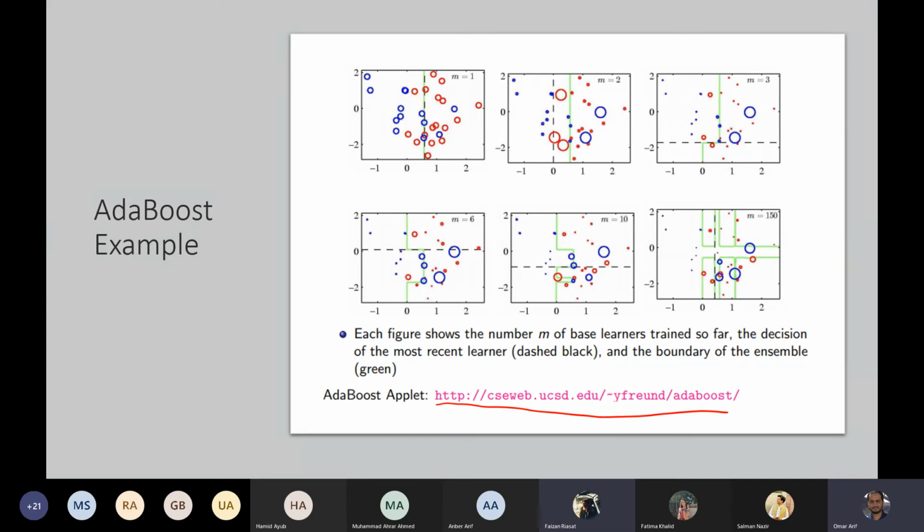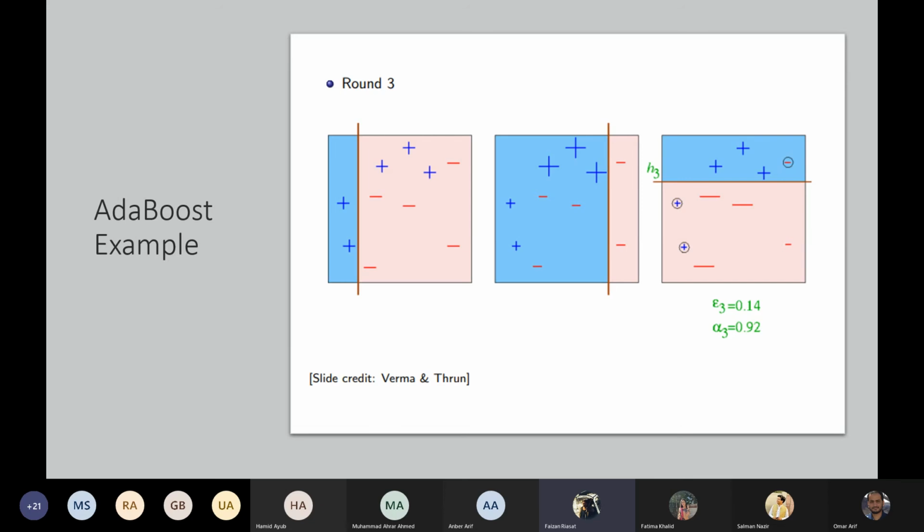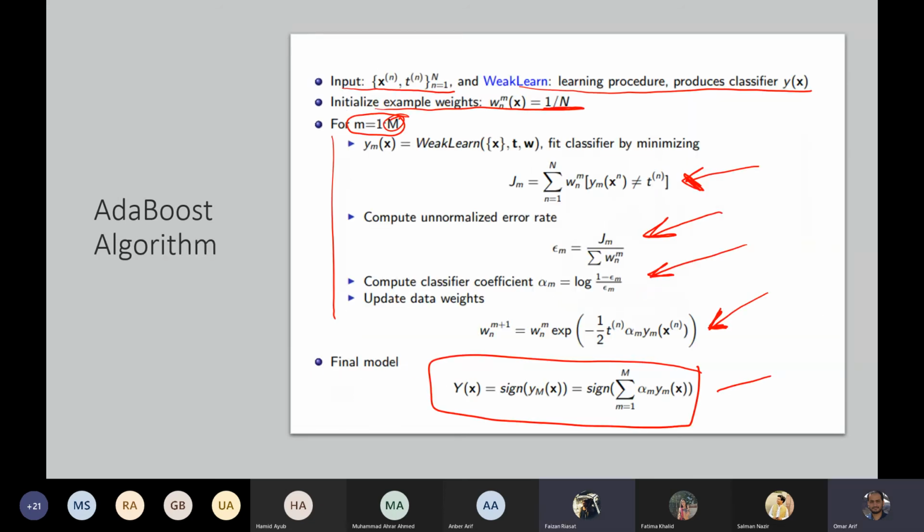Sir, what was M? Sir, in the previous slide, what did M represent? M is basically just the iteration number. M equal to 1 means the first classifier, M equal to 2 is the classifier in the second round. So capital M is the total number of iterations, or the total number of classifiers you have.